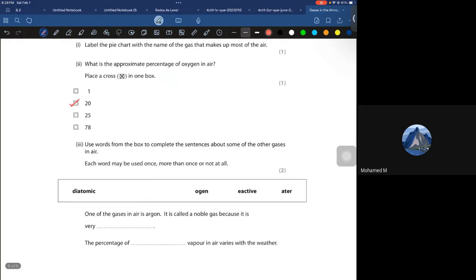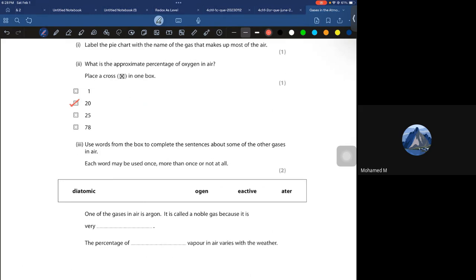Use words from the box to complete the sentence about some of the other gases in air. Each word may be used once, more than once, or not at all. One of the gases in air is argon. It's called a noble gas because it is very, very what? Is it unreactive, inert?